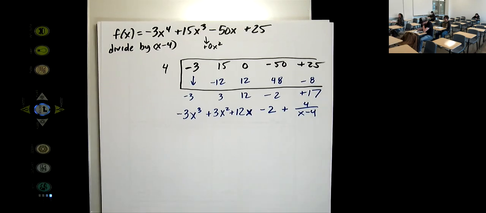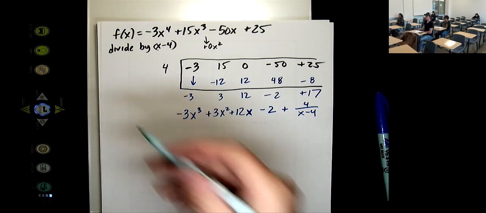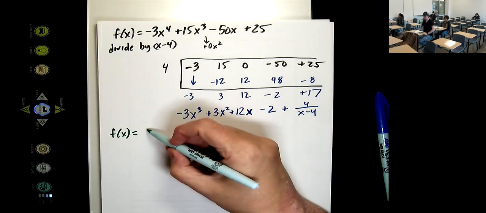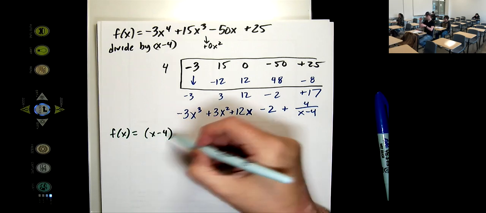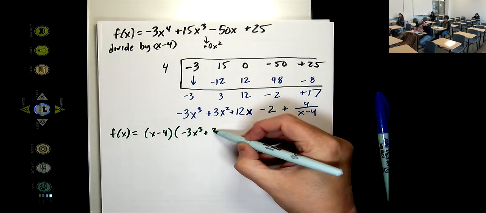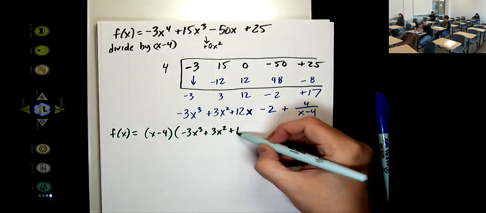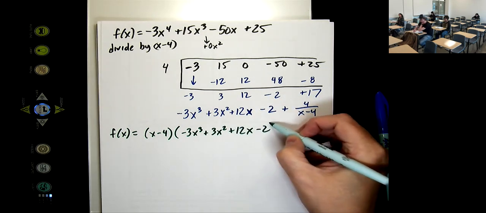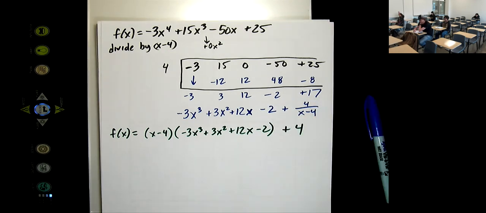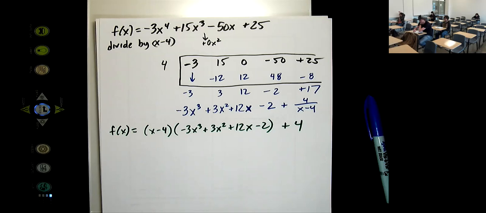So another way of writing that f of x, I can write it as x minus 4 times -3x cubed plus 3x squared plus 12x minus 2, plus 4. Yeah. 17.